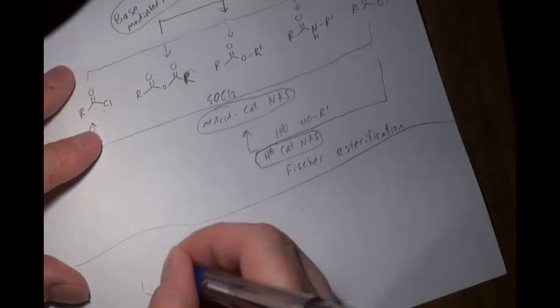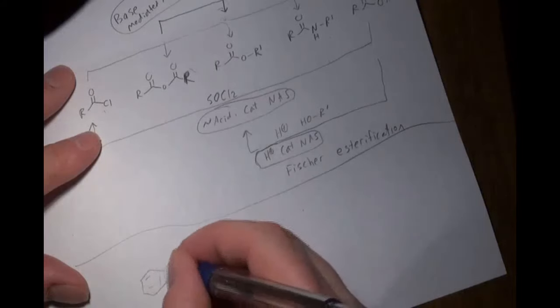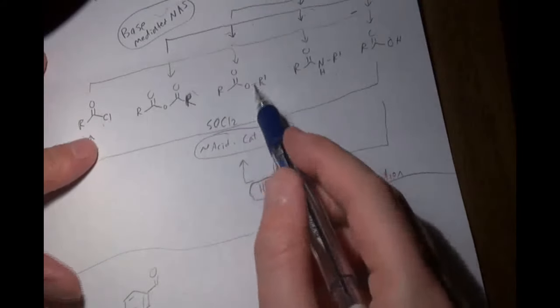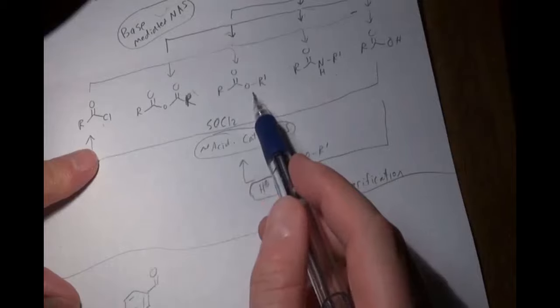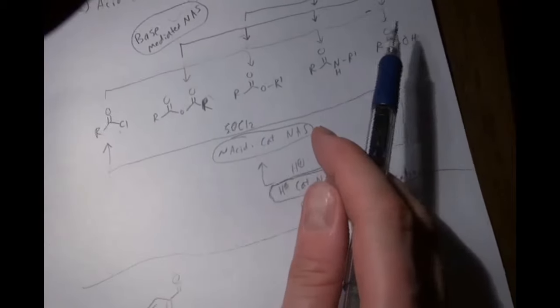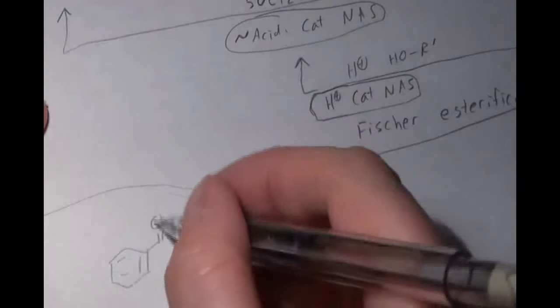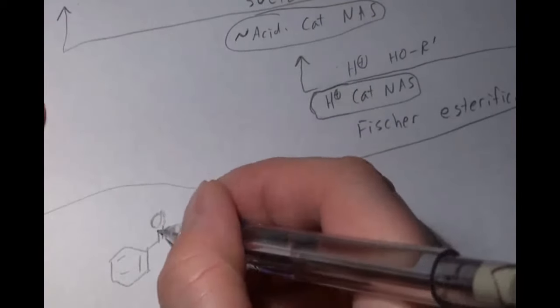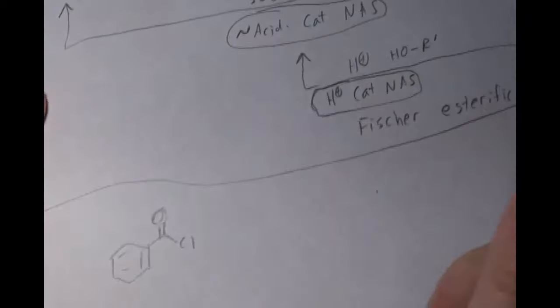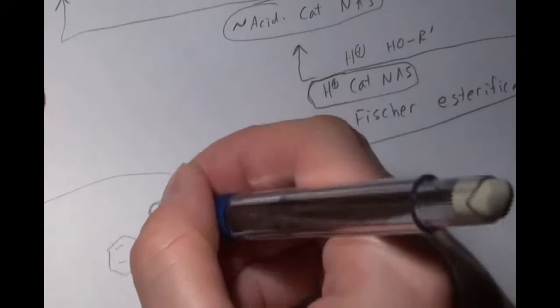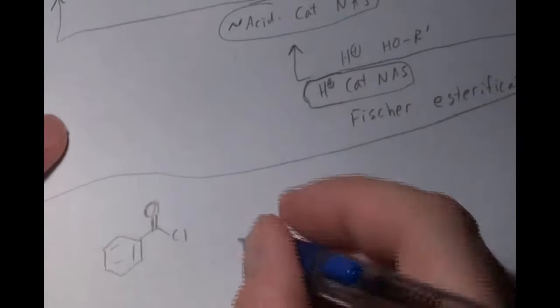Okay, but let's just show another example. Let's make an ester. Let's go from acid chloride to ester. We have not done that yet. So let's draw a nice acid chloride. Benzoyl chloride. It's a benzene and a C double bond O and Cl.